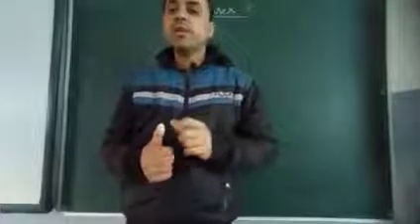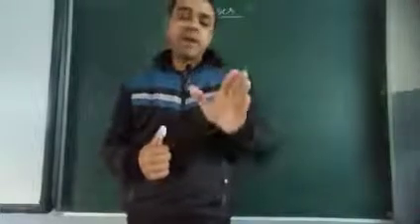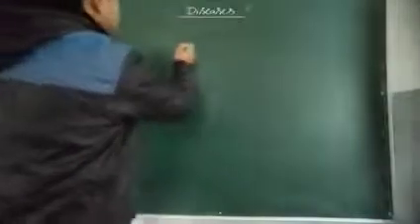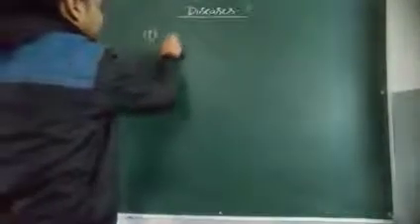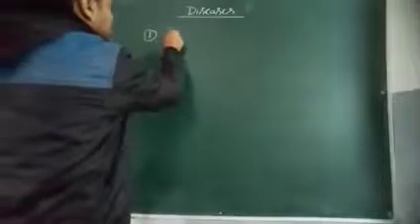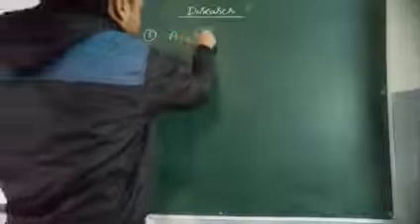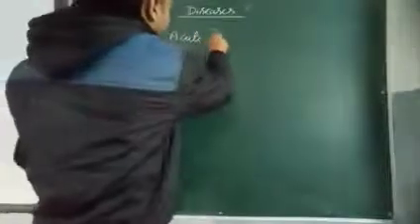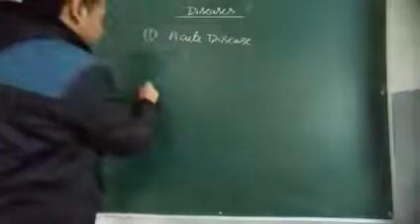Today, one more type of classification that we are going to discuss is how diseases can be classified on the basis of their duration. The first is acute disease, and the second is chronic disease.